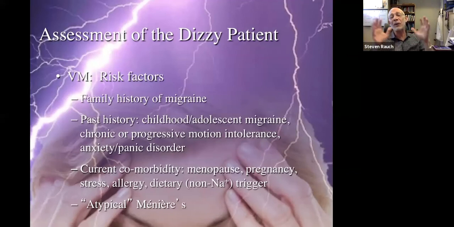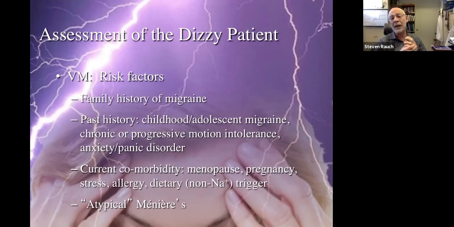In fact, if you go to an anxiety clinic in the psych department, and you go to the dizzy clinic in the ENT department, and you go to the balance clinic over in neurology, what you find is that the people who have panic attacks and the people who are dizzy and the people who have migraine at the headache center are all the same patients. The Venn diagram is so heavily overlapping. So you have to ask about those issues.